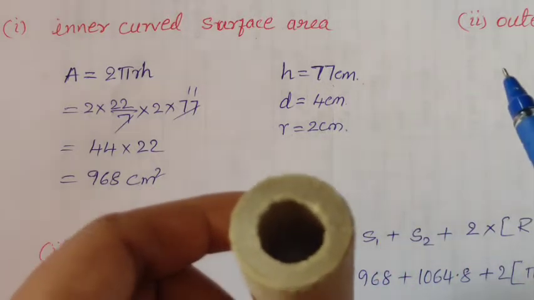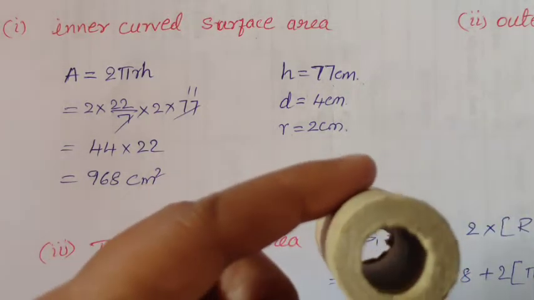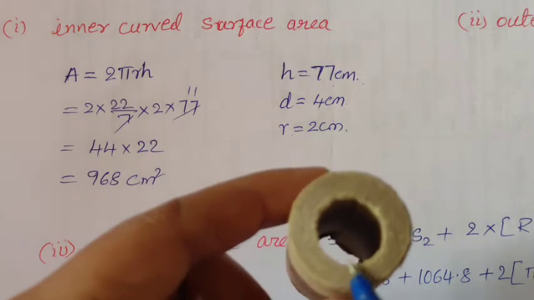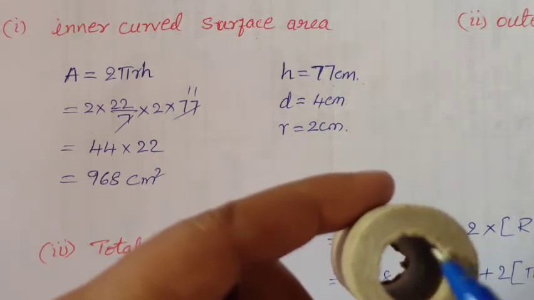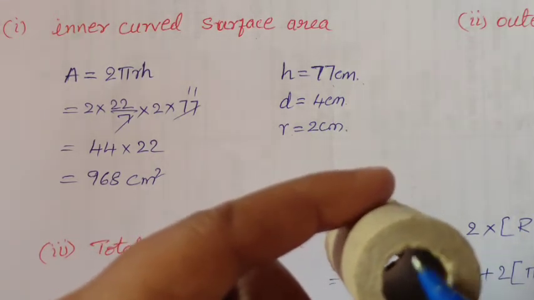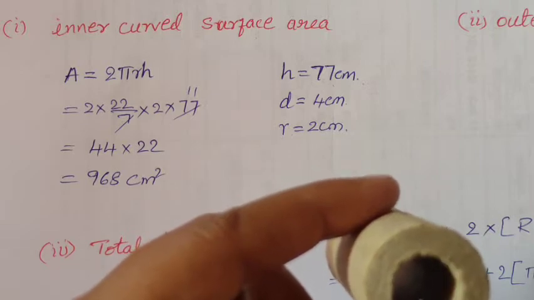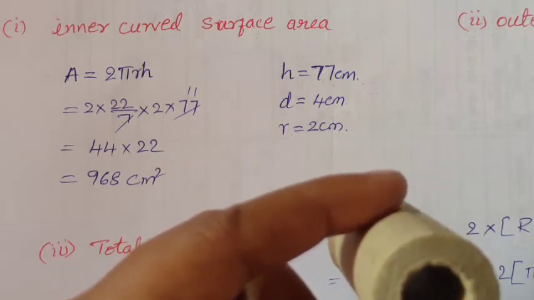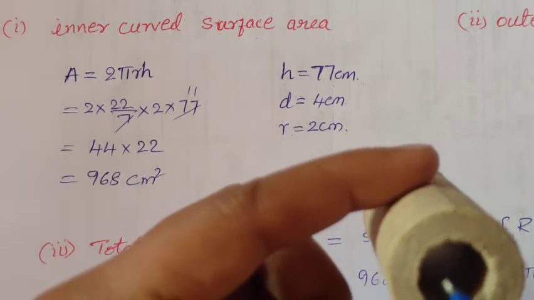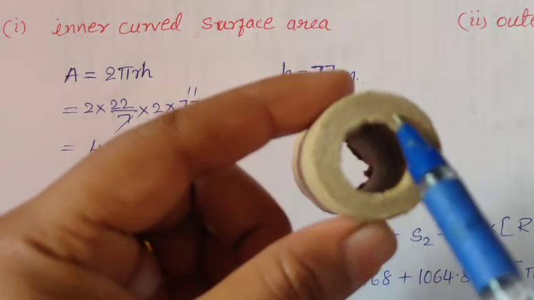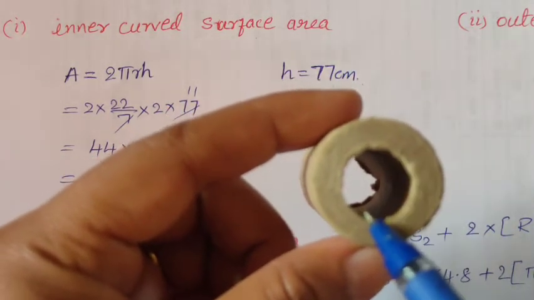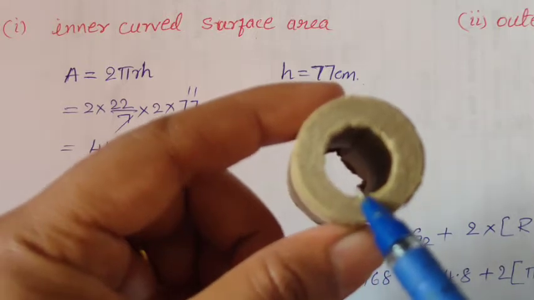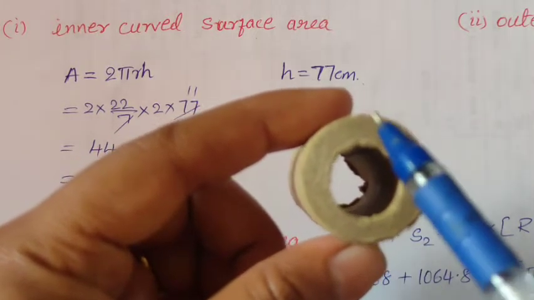The inner diameter of a cross section is 4 centimeter. Look at this pipe. Here this one is the inner diameter, from here to here. What is the outer diameter? From this edge to this edge.